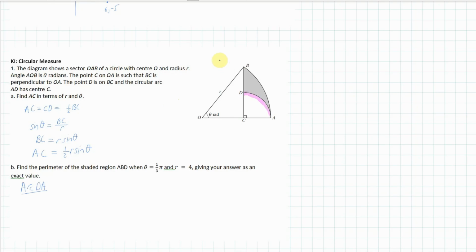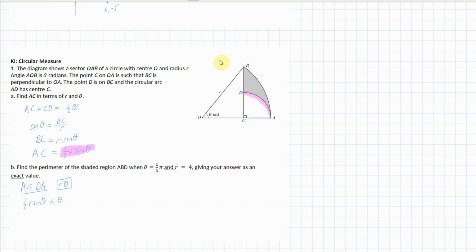And arc DA is R theta, the radius of the circle that we're dealing with, is the way you find the arc length, but R in this case is CA, or AC, which we've found up here. So that is our R in this case. So it's going to be half R sine theta times theta.